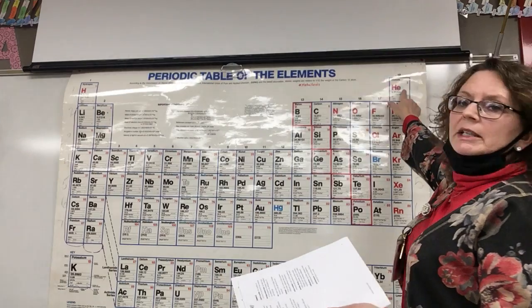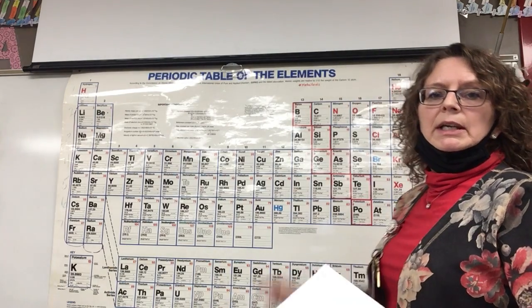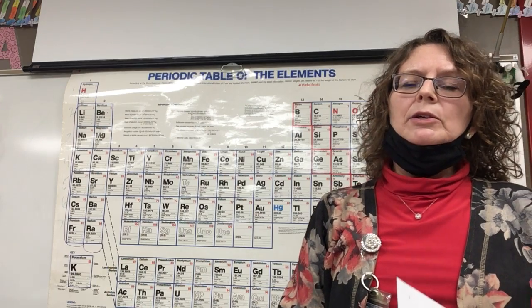Helium, atomic number 2, is the only element on the periodic table that has 2 protons. See how that's working? So the atomic number identifies the element and the number of protons in its nucleus.